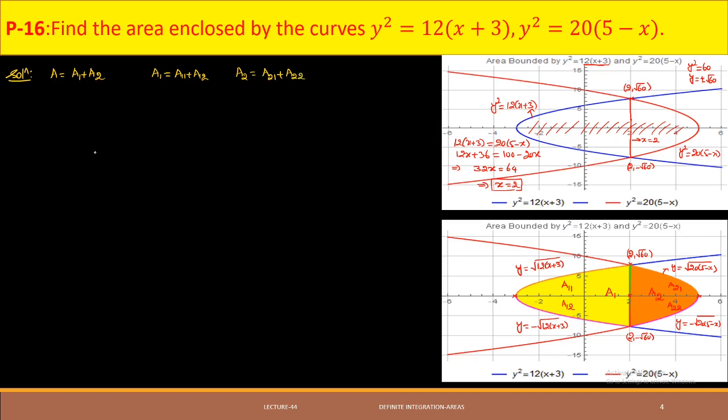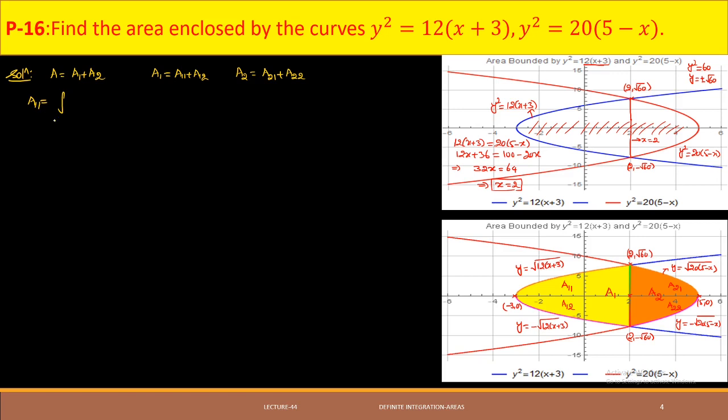Now let us find out the area a1. So area a11 is equal to the integral, here this point from the parabola is minus 3 comma 0, and this is 5 comma 0.